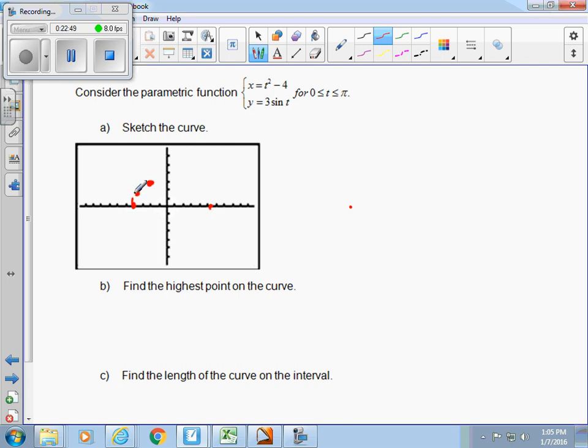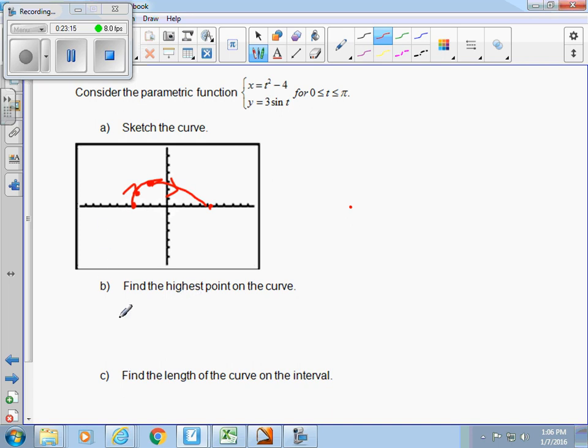The direction of the curve is going this way. And if you wanted to put more points in, you could. Something like that. Sorry about my bad drawing. Okay, so we have a sketch.